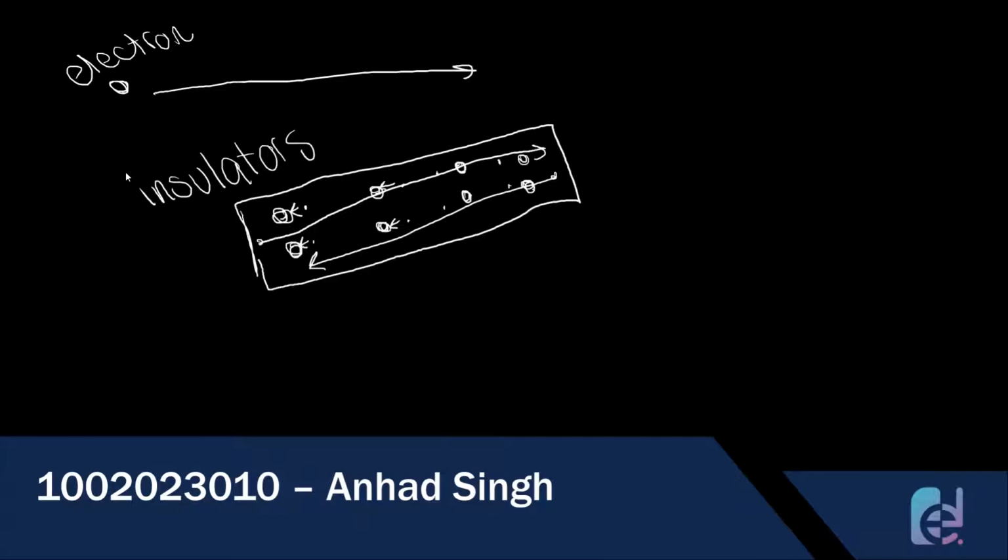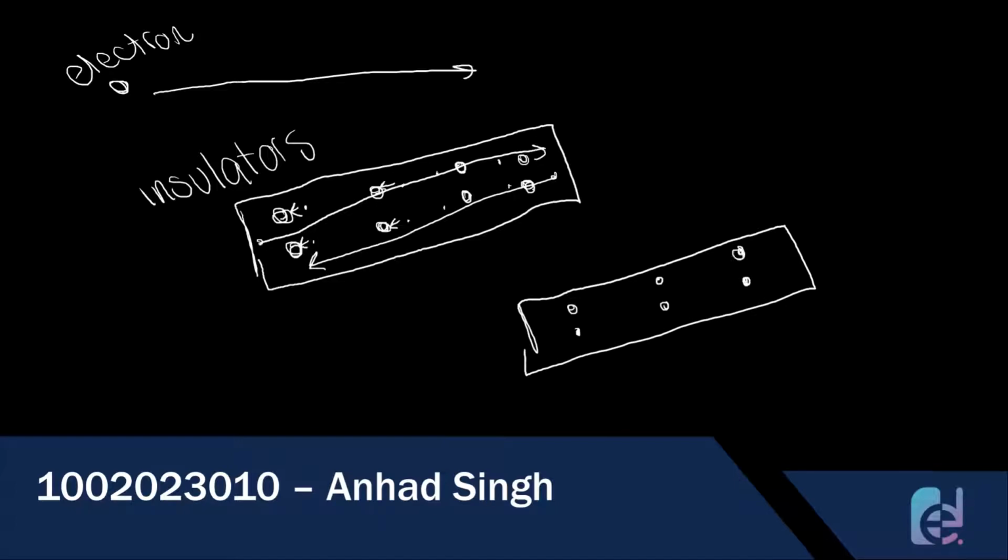Now the other type of material we talked about was conductors. In conductors, again, you have atoms which make up the conductor, and these atoms have little electrons around them. These dots which I'm making right now are electrons.